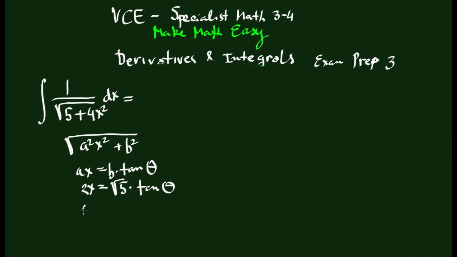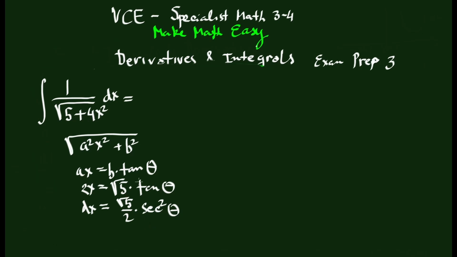So dx becomes square root of 5 divided by 2 times, the first differential of tangent is secant squared of theta.